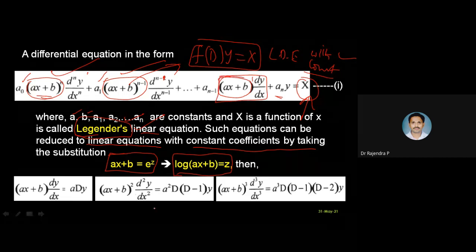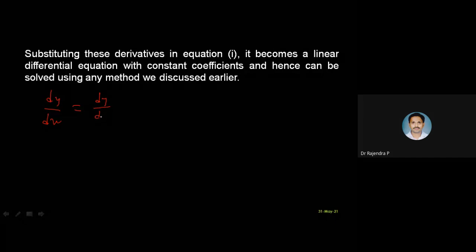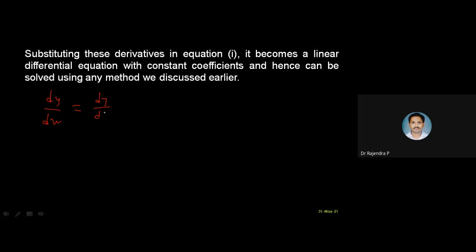To do that, first I will take this particular term, dy by dx. By applying the chain rule, I can take it as dy by dz into dz by dx.